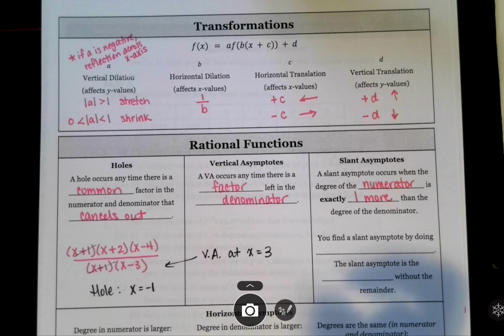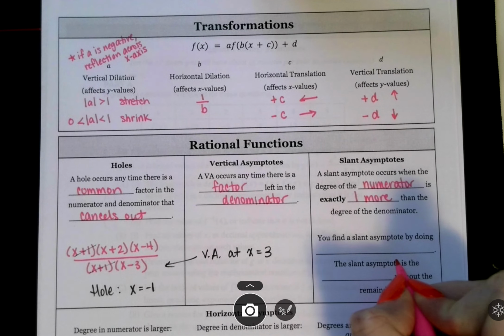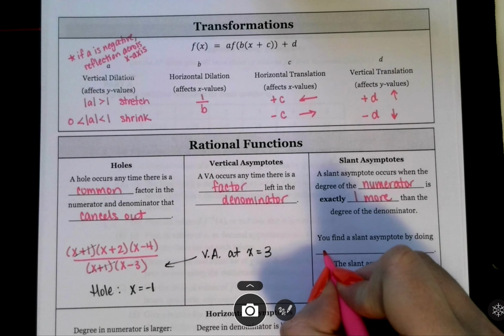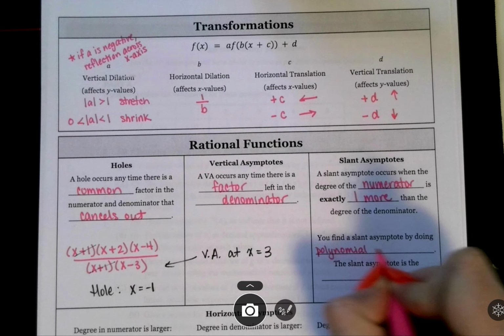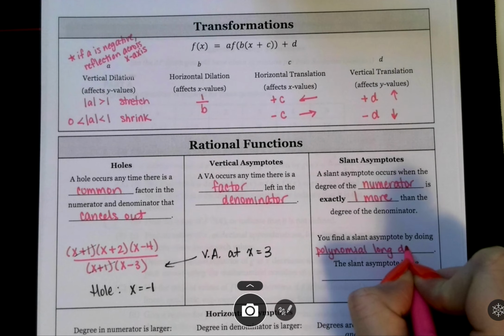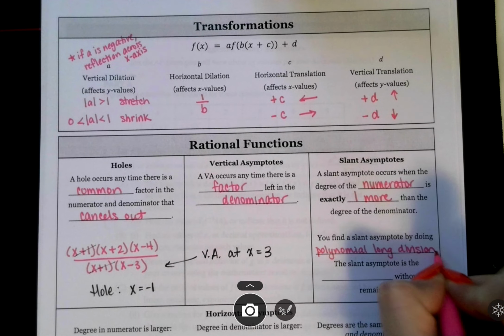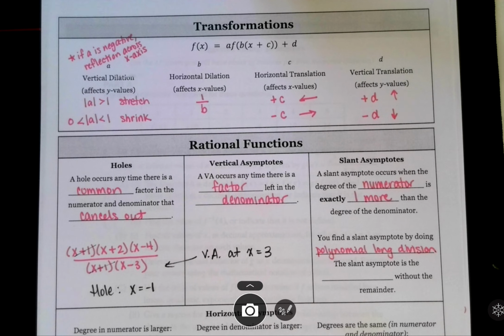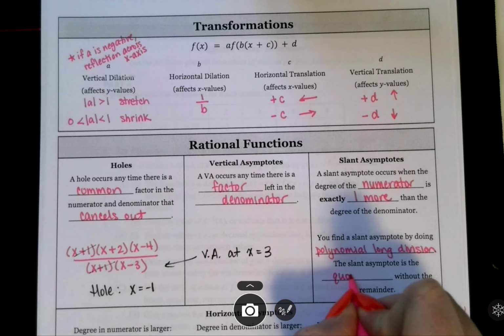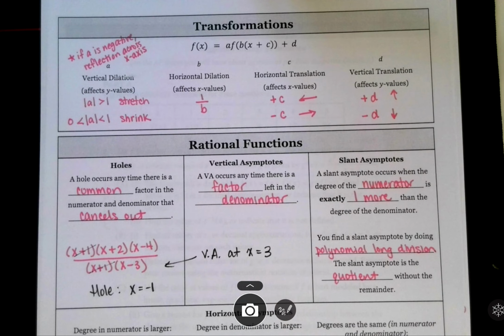So we can find a slant asymptote by doing long division or polynomial long division. And the slant asymptote is the quotient without the remainder. So whatever is on top of our long division, like house, the remainder is not a part of it. And that's how we get our slant asymptotes.